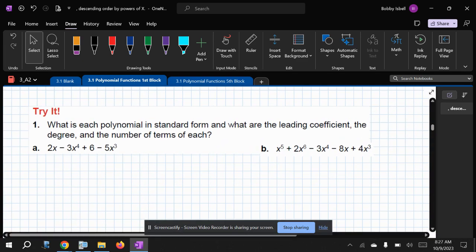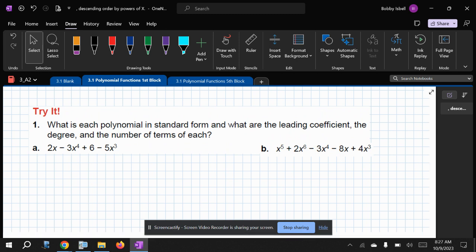All right, so let's try to put a couple of them in standard form here and get the leading coefficient, degree, and number of terms of each polynomial. So let's try to put A in standard form. What should go first? Yeah, make sure you take that sign with you, negative 3x to the fourth. What's next?